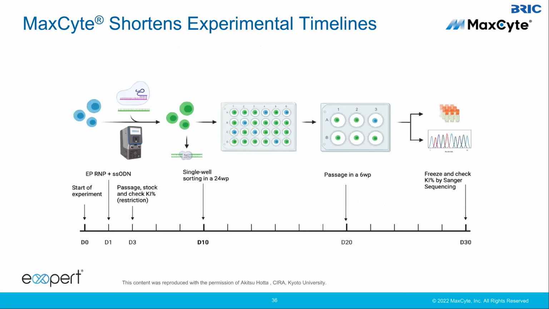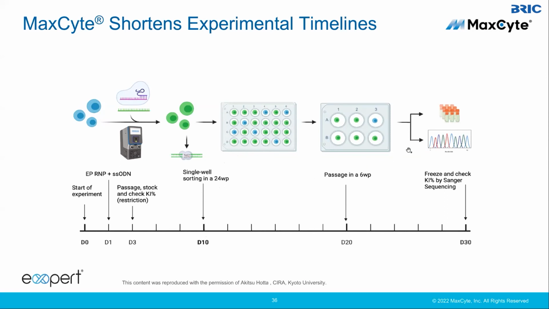This schematic just shows shortened timelines using MaxCyte electroporation. At least this was what we did in our laboratory, where we electroporated cells with RNP and SSODN. You would check the knock-in efficiency at day 3, but at the same time, you're expanding the cells until day 10, where we would single sort them into 24-well plates, and then expand them.